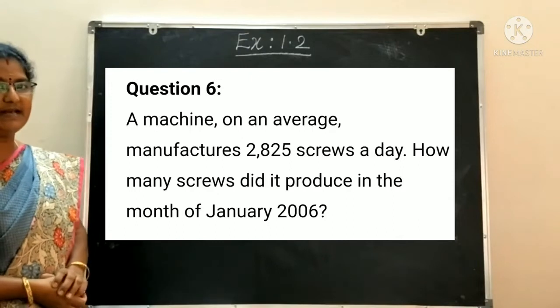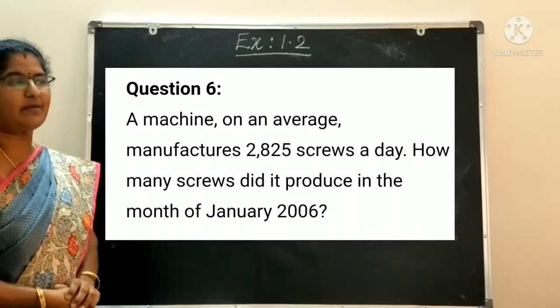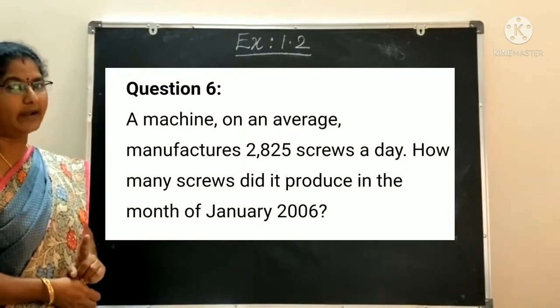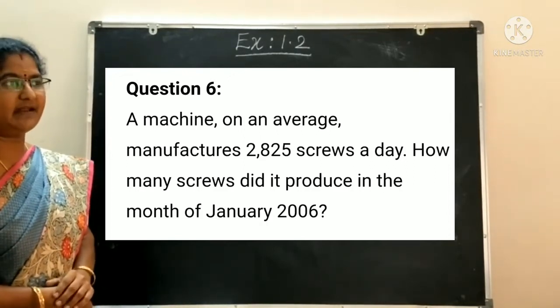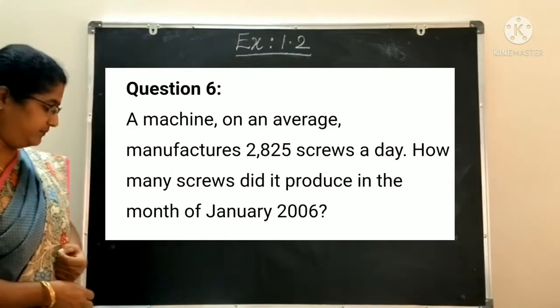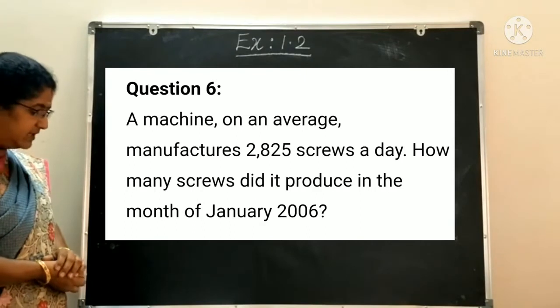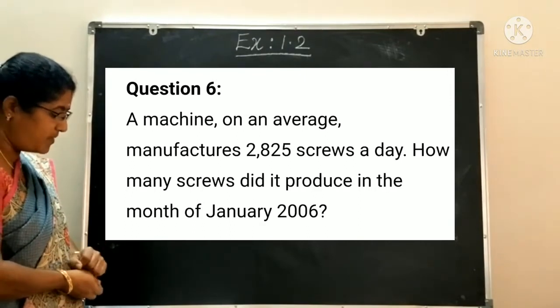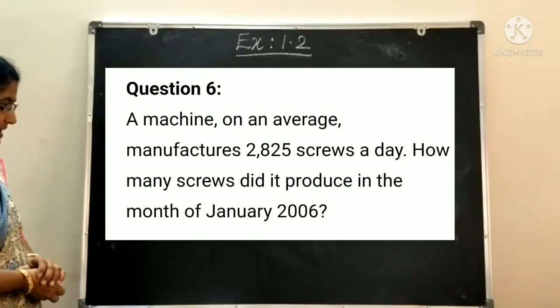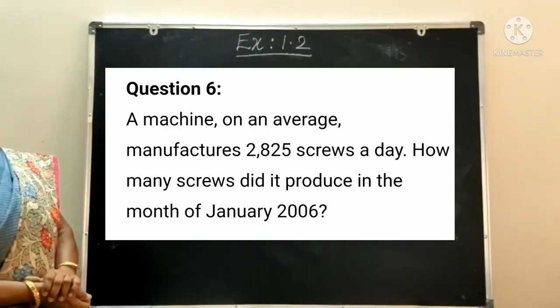So, they have given the number of screws manufactured in one day. And we need to find how many screws it produced in the month of January 2006.